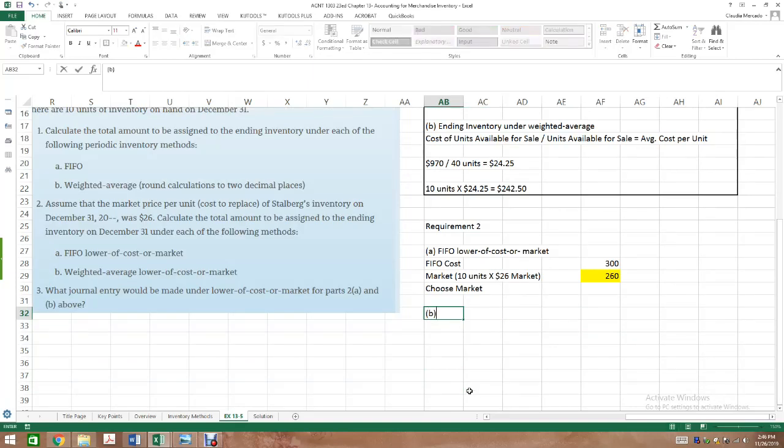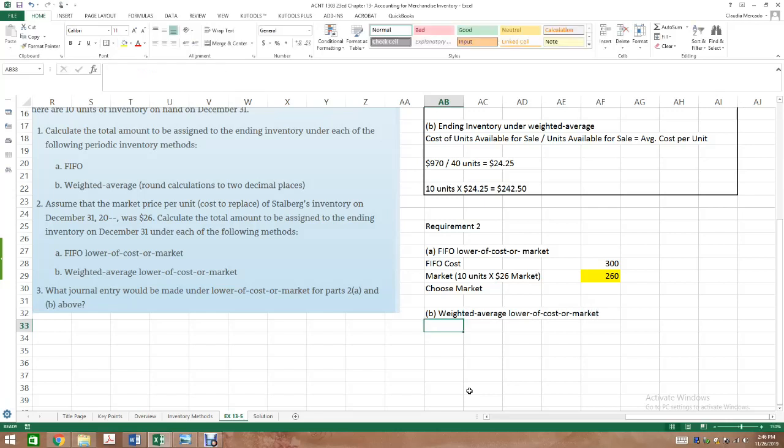Okay, for letter B, we have the weighted average, lower of cost or market.